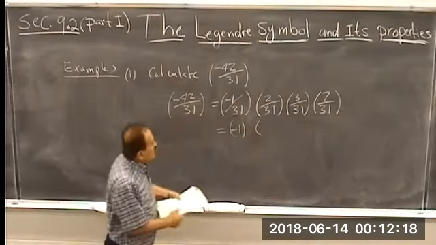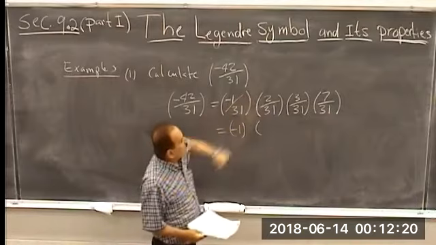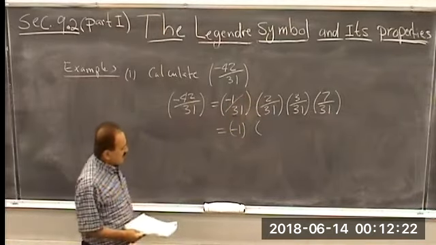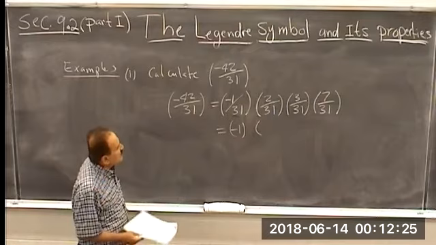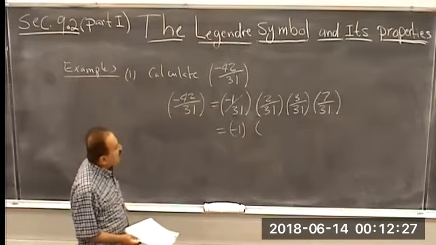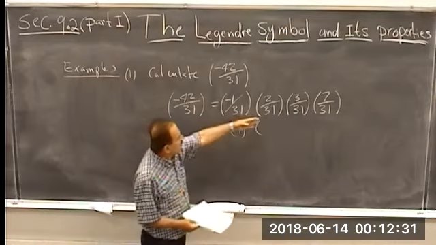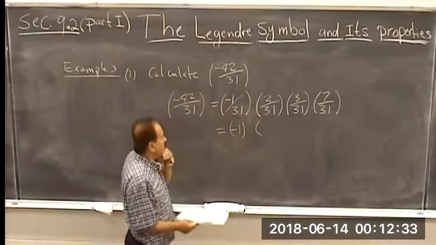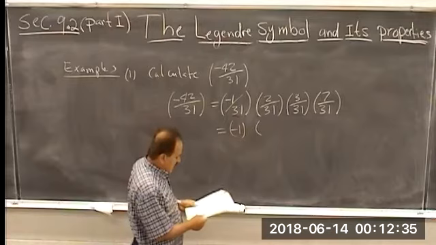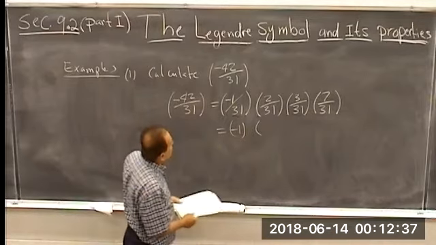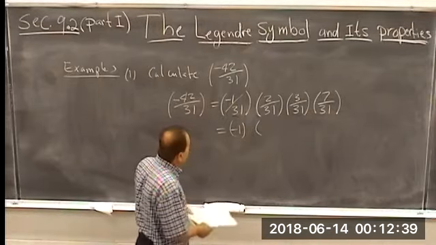Then 2 over 31. Actually, we're going to find the general formula for 2 over p, meaning which primes make the 2 over that prime positive 1 or negative 1. And actually we're going to be stating these two theorems shortly here.